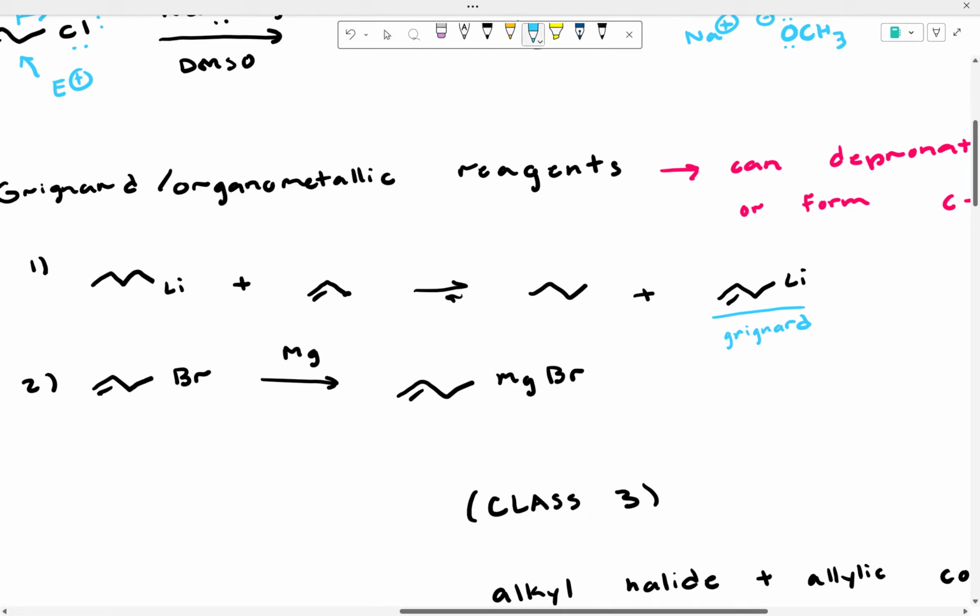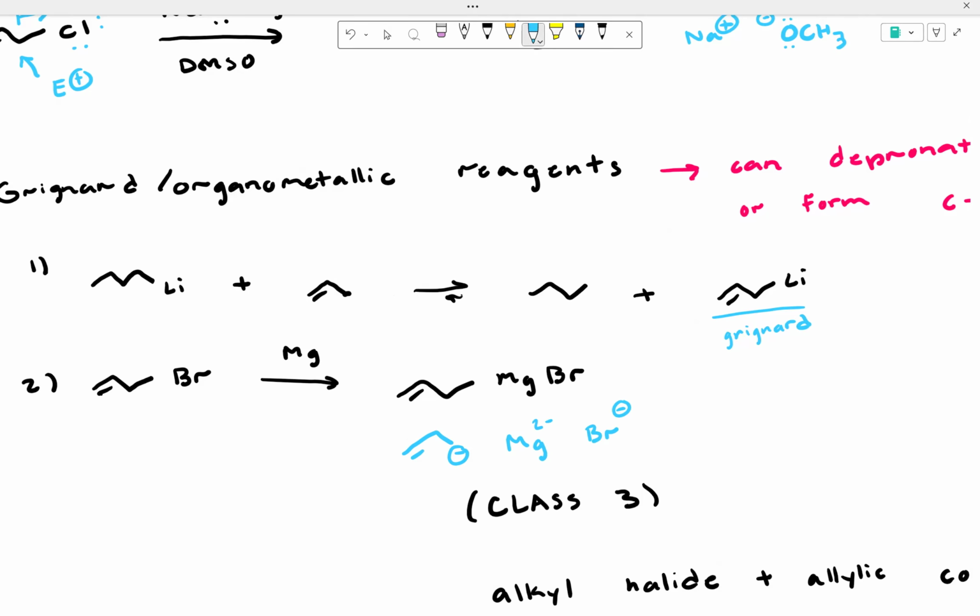Something worthwhile to think of is that what has actually happened here is that Br has a negative charge and this allylic carbon also has a negative charge, while magnesium has a positive charge.